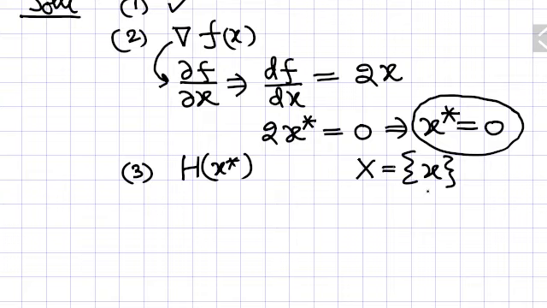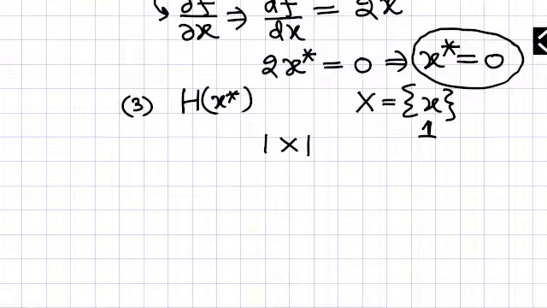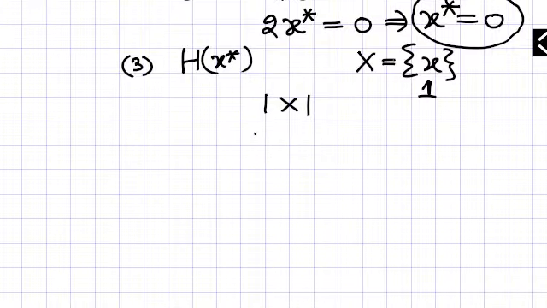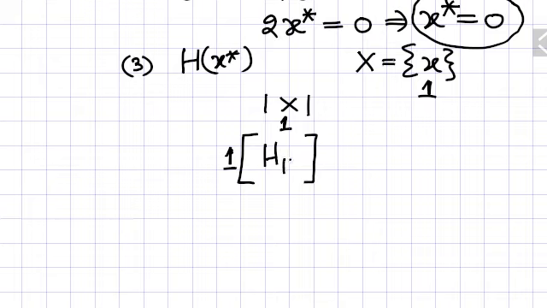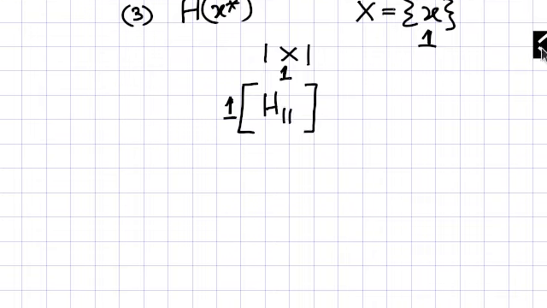We have only one variable, so the dimension of our Hessian matrix will be 1 by 1. I am showing this step because I want to connect this to the concept you already know. So it will have one row and one column, and only one element will come. What is the meaning of this h1?